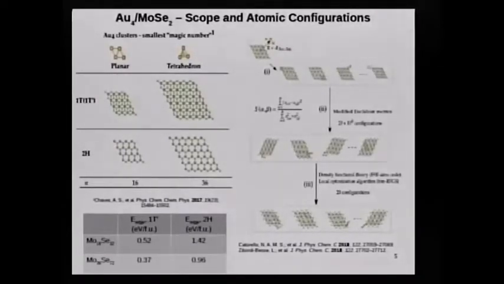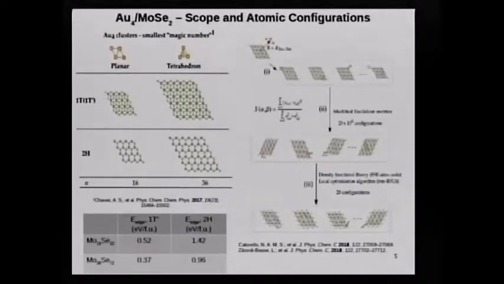We have taken Au4 clusters, which is the smallest magic number for gold clusters, and the magic number is a particularly stable size of the system. And we have also selected 1T. I have put here 1T prime because in the course of the optimization, the phase distorts to its distorted octahedral phase.